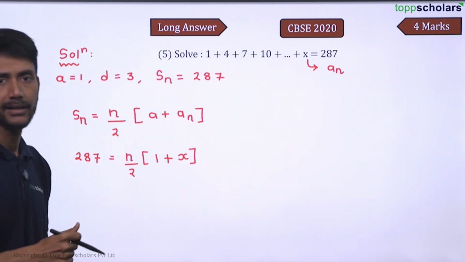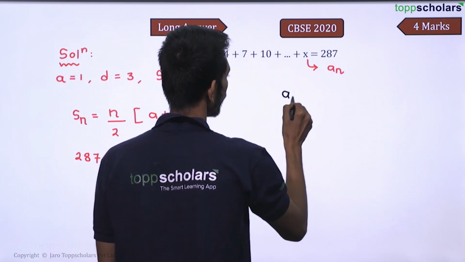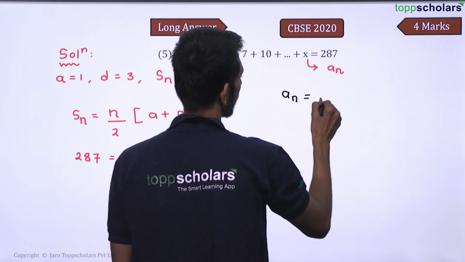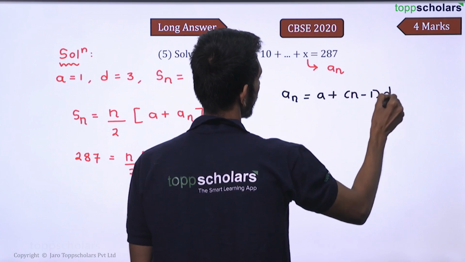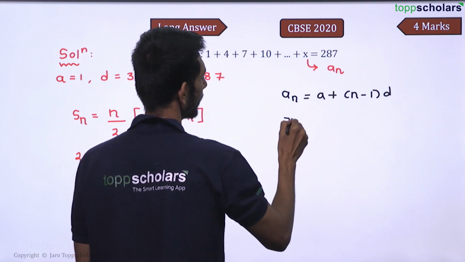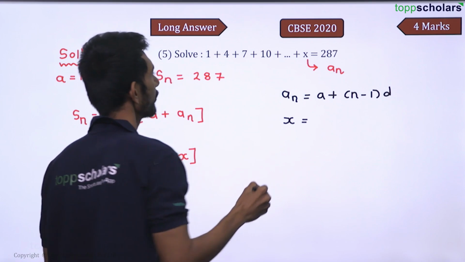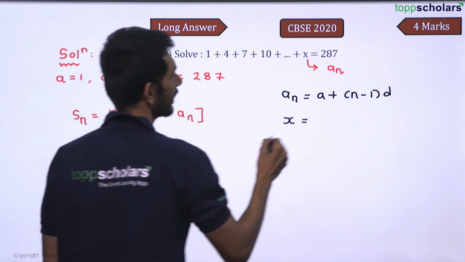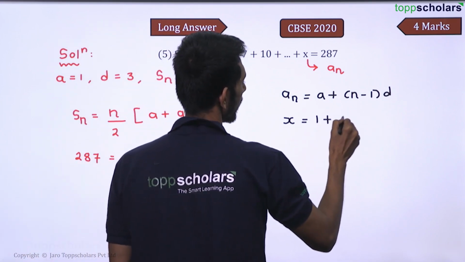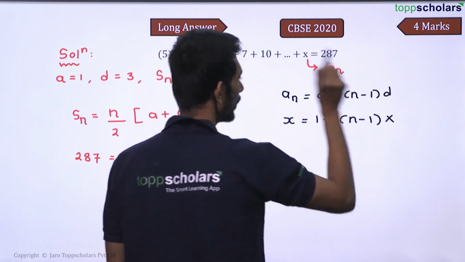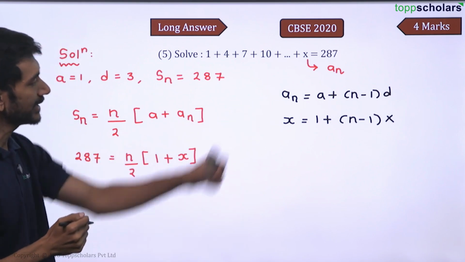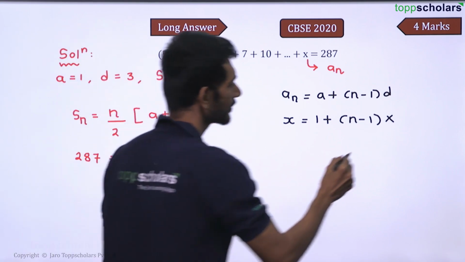X is nothing but an, right? What is the formula for an? A plus n minus 1 into d. But what is an? An is x. So x will be equal to a. What is a? A is 1 plus n minus 1 into d. Now what is d? The difference is 3.